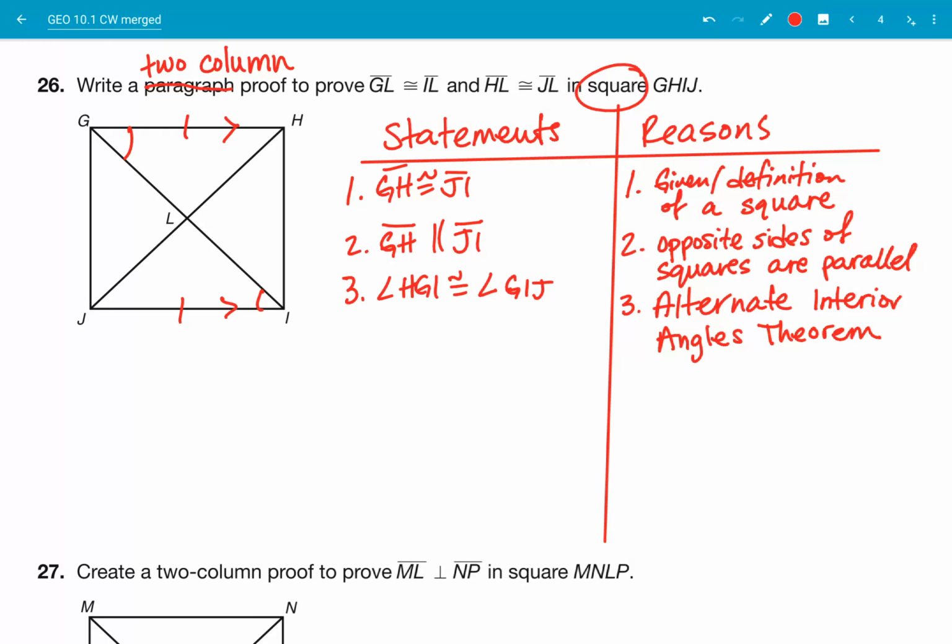And I also know that GLH and JLI, these 2 angles, are vertical angles.